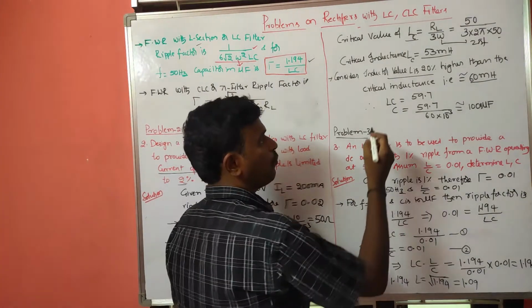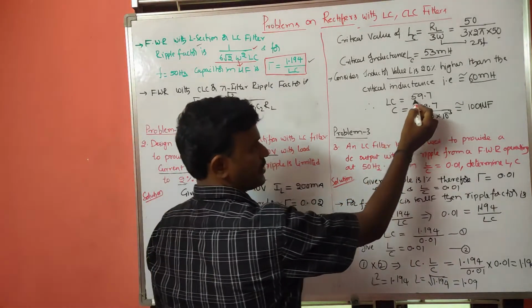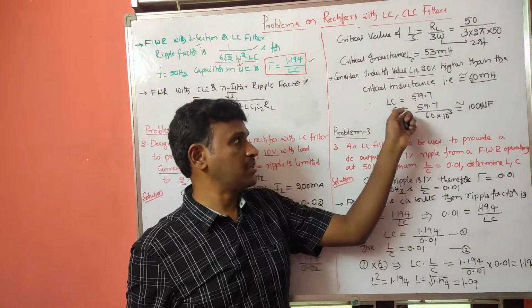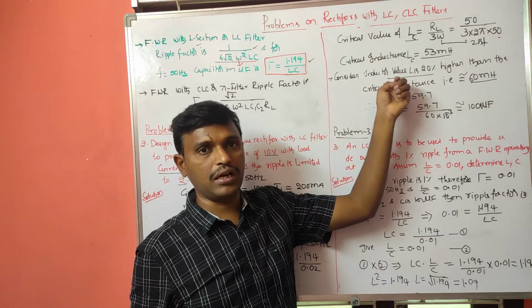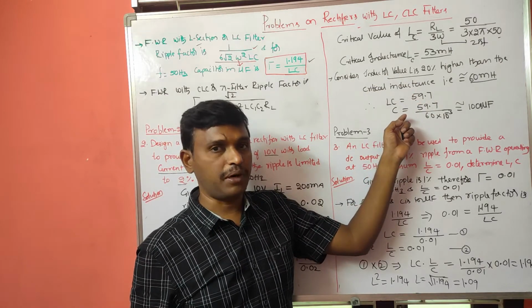So we know that we calculated LC is equal to 59.7. But what we require is the capacitance. Already we have calculated the inductance value, and now we have to calculate the capacitance value.